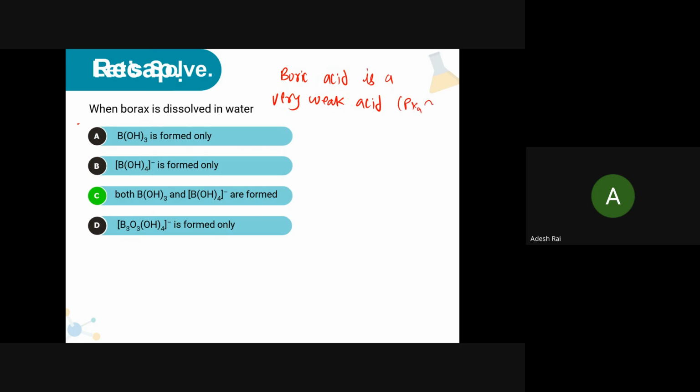pK is approximately how much? 9. The pK is very high, so therefore it is very less acidic. Therefore, it cannot be used for titration with NaOH, due to lack of a steep section.